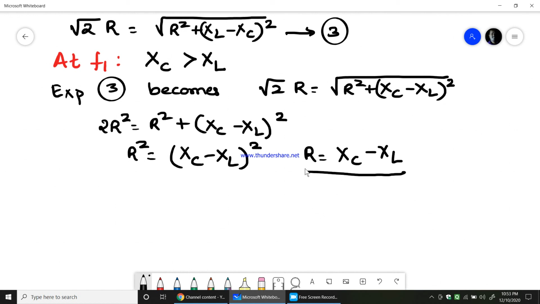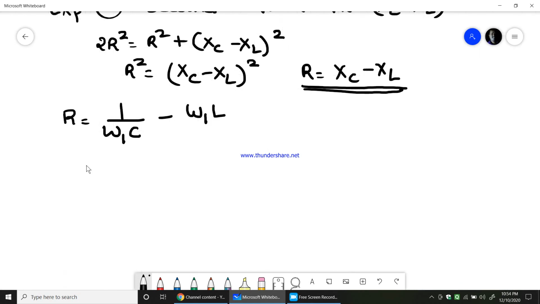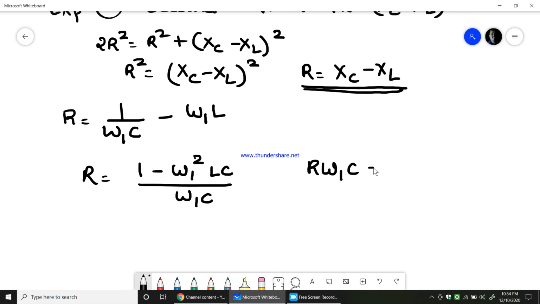So this is the condition that we get for frequency F1: R equals XC minus XL. Now if I substitute for XC and XL, R would be equal to 1 over omega 1 C minus omega 1 L, because we are deriving it at F1. Therefore R equals 1 minus omega 1 square LC divided by omega 1 C. Therefore R into omega 1 C equals 1 minus omega 1 square LC.